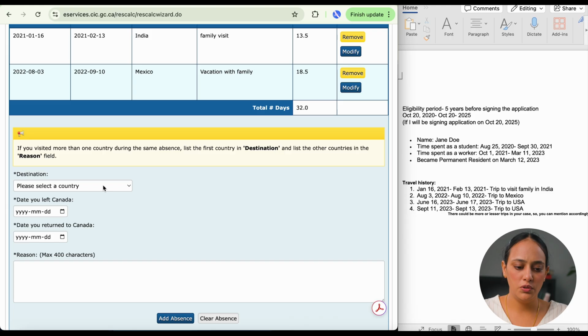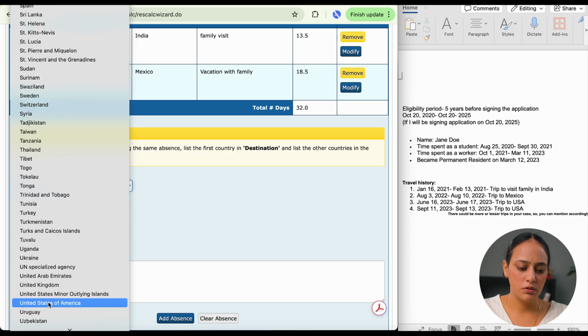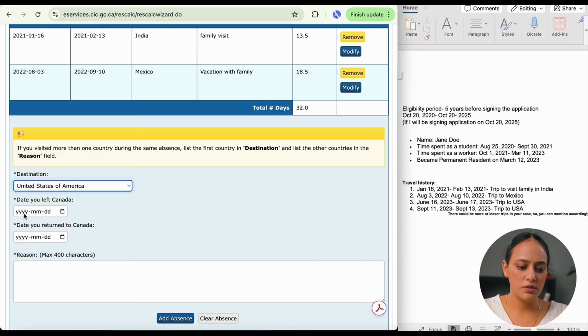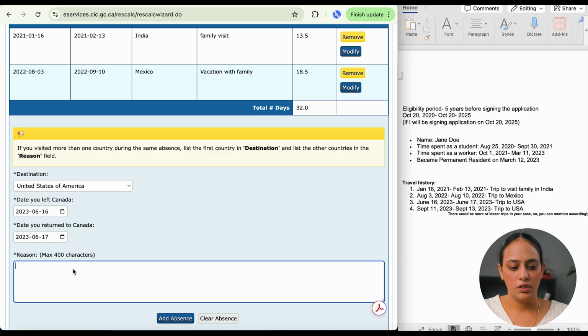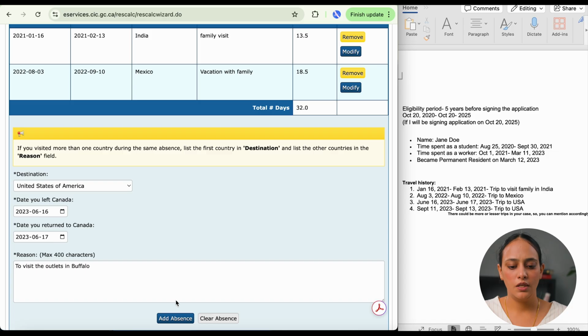It was a trip to USA. So write the dates: June 16, 2023 to June 17, 2023. And the reason for this was to visit the mall. I went for shopping, so I'll write it accordingly.